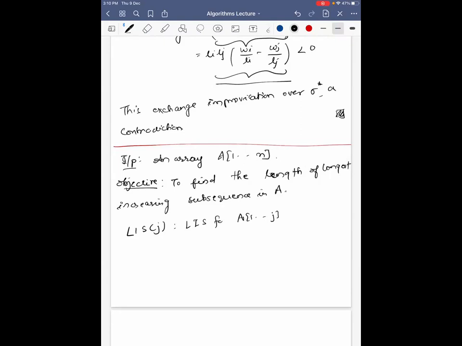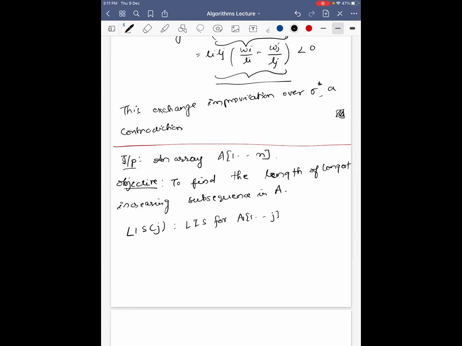A recursion for this could be to test whether AJ belongs to LIS of J or not. This is how maybe we can think about getting a recursion equation.